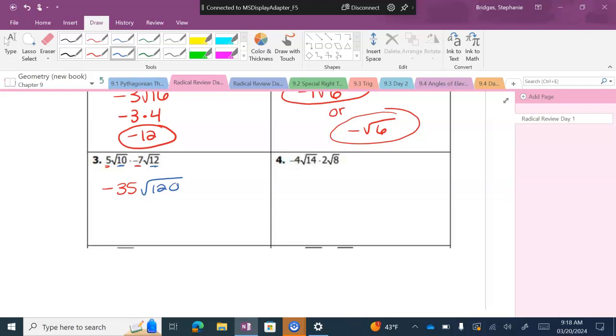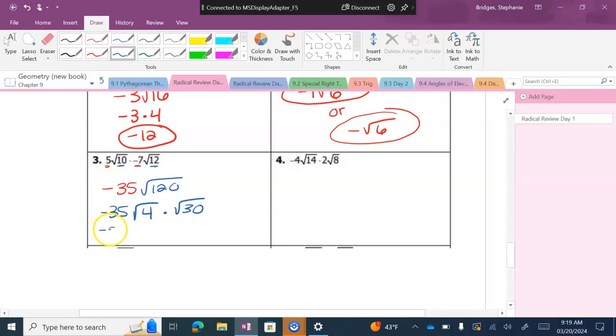But you should be able to find one that divides in. Anybody find it yet? Keeping that negative 35. Has anybody found a perfect square that goes into 120? 4 times how much? 30. Okay, 4 is the only perfect square that goes into 120.